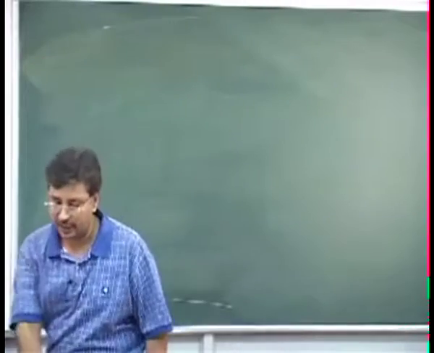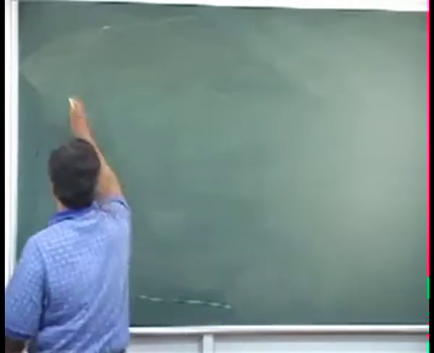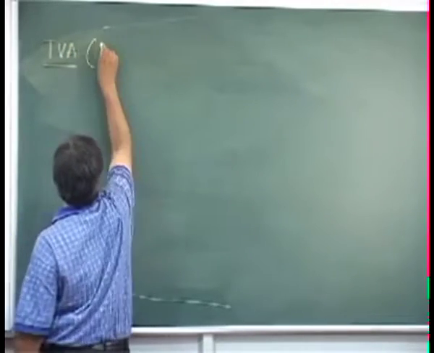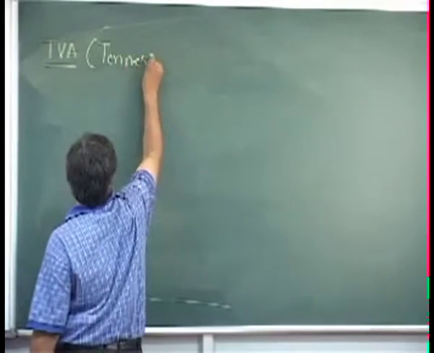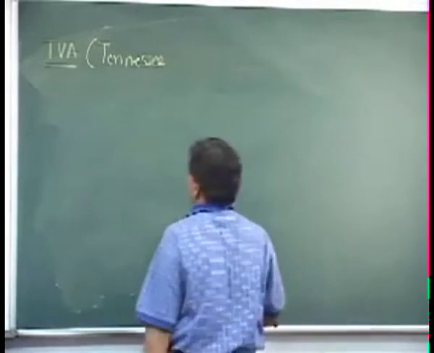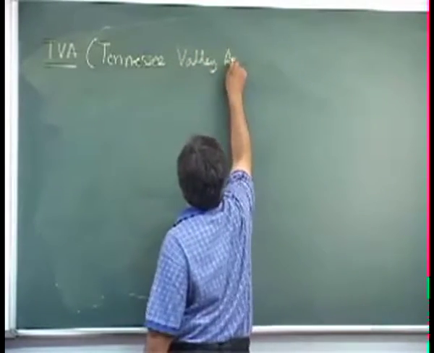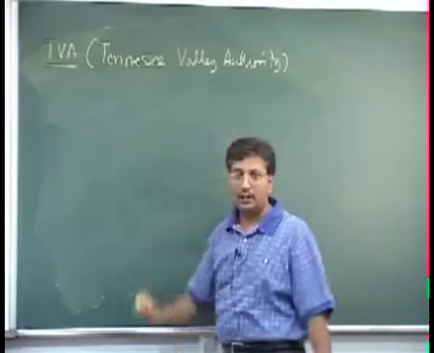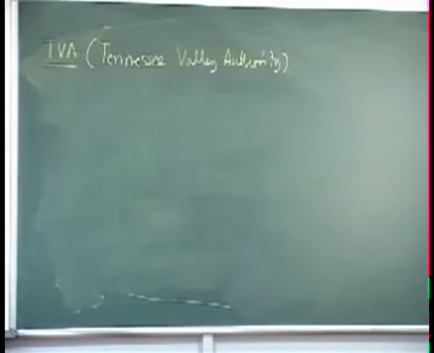The first attempt to measure sigma y and sigma z was at TVA, in Tennessee, USA. There was a power plant located in plain terrain.